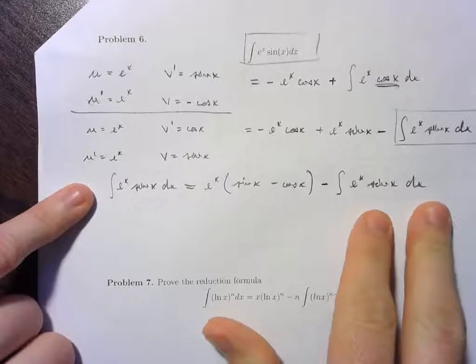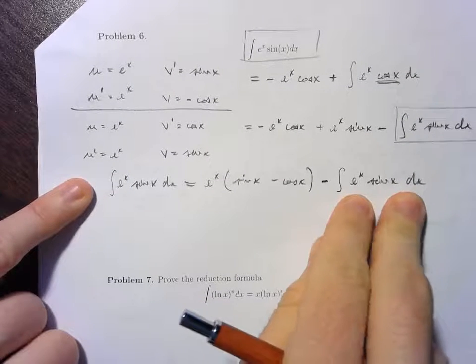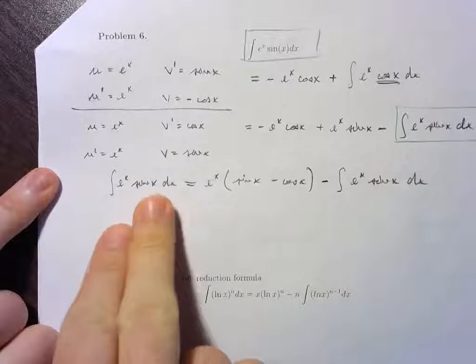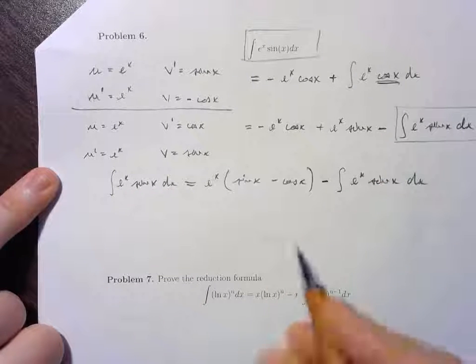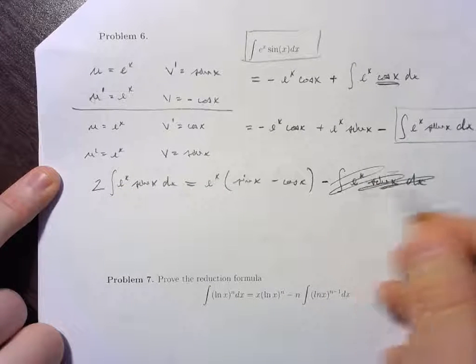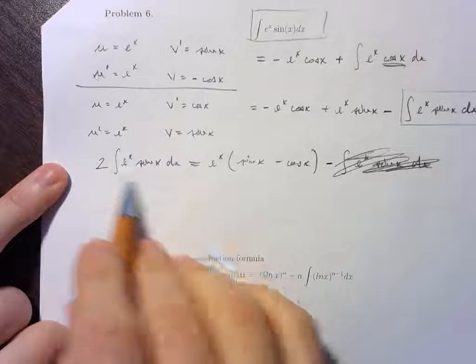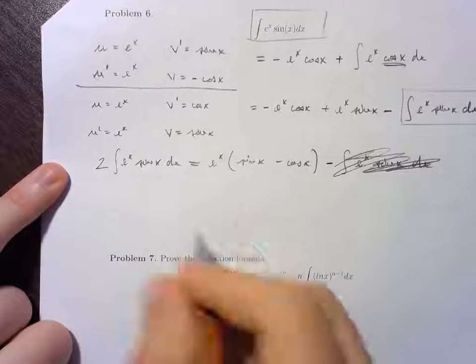So it seems like I'm stuck, but what I can actually do in this case is take this integral here and move it to the left hand side of the equation, right? So that means I get 2 copies of that, and this disappears from here. And how do I solve for this integral? It's easy, I just divide by 2.